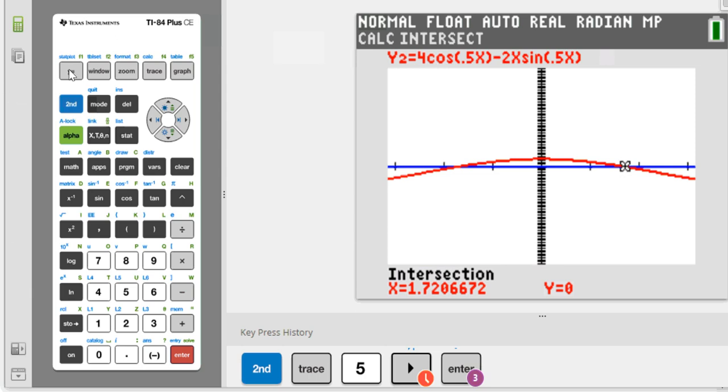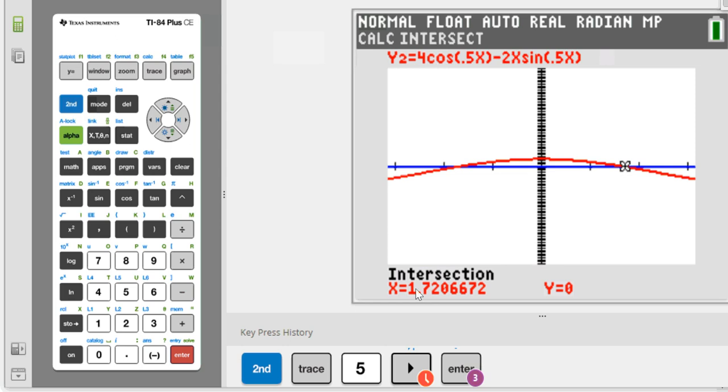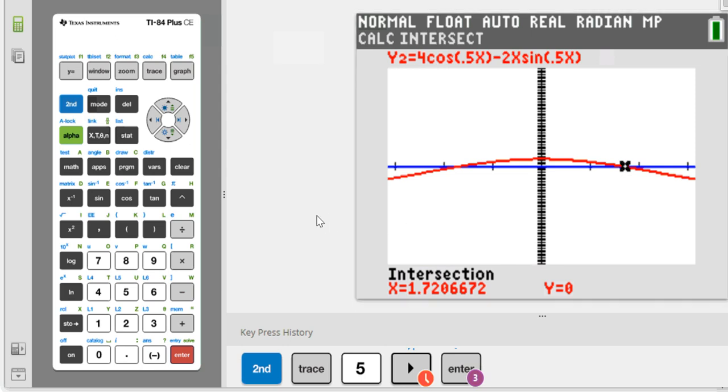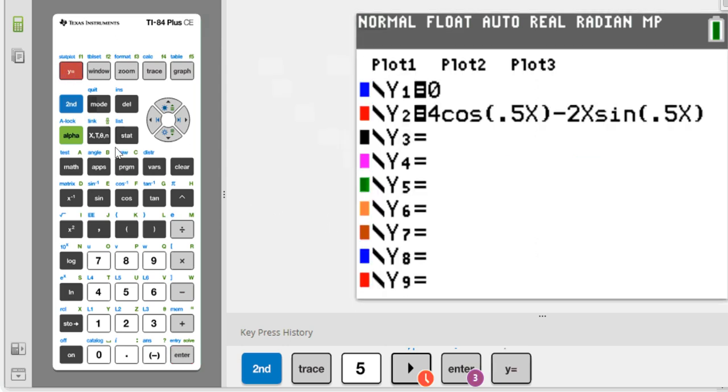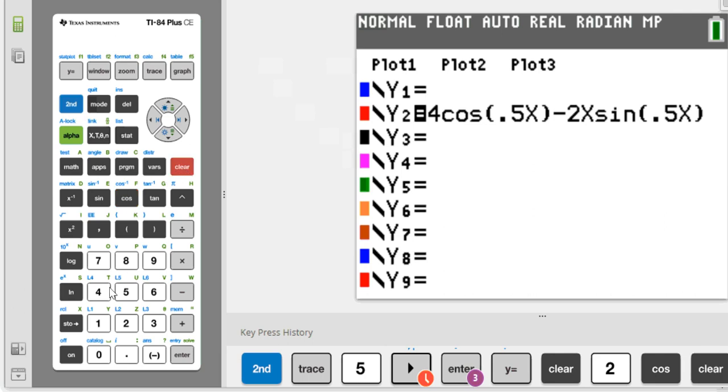Yep. And figure out what my values are. So let's just put it right on top. So it's 2 cosine. Oh, no, my area. Sorry.